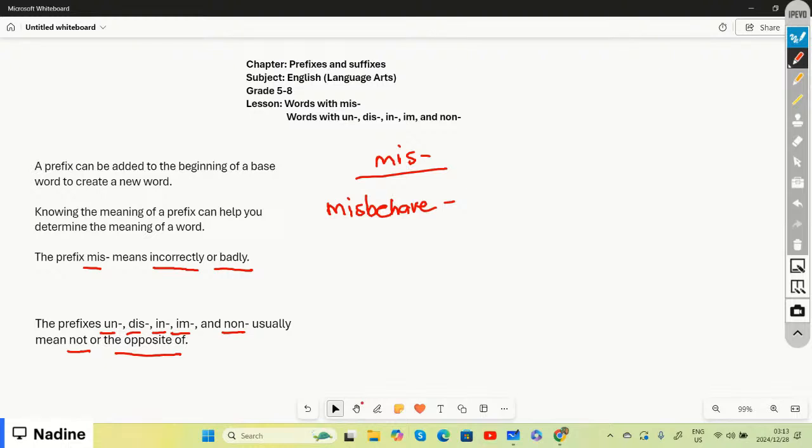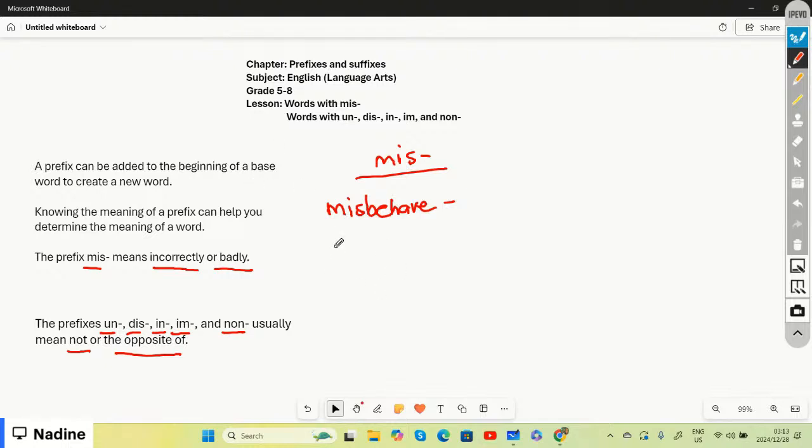If somebody misbehaves, it means that you are not behaving, or you're behaving in a bad manner or bad way. Misbehave.